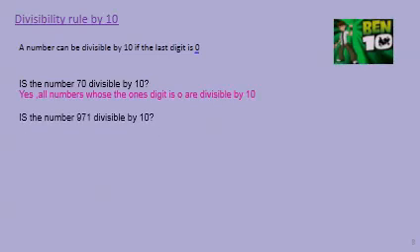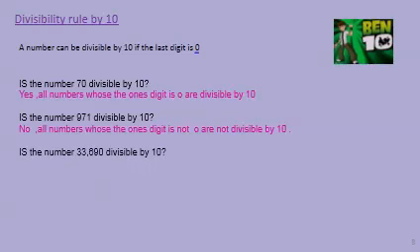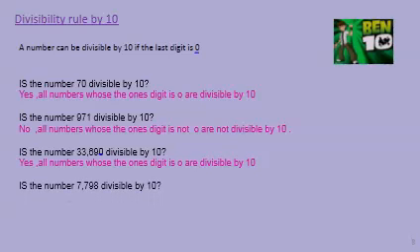Is the number 971 divisible by 10? It's not, because the ones digit is not 0, so it's not divisible by 10. And is the number 33,690 divisible by 10? Of course, because the ones digit, as you can see, is 0. So all the numbers that have 0 on the ones digit are divisible by 10.